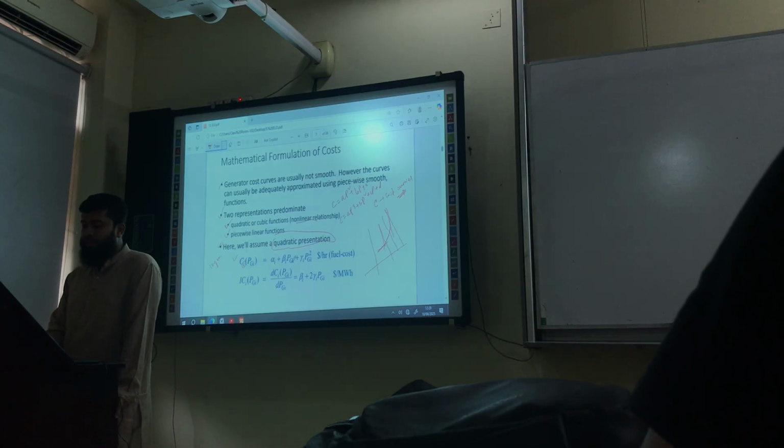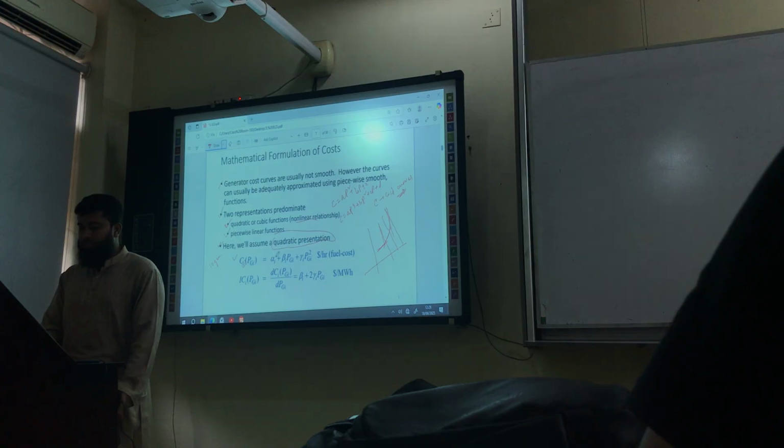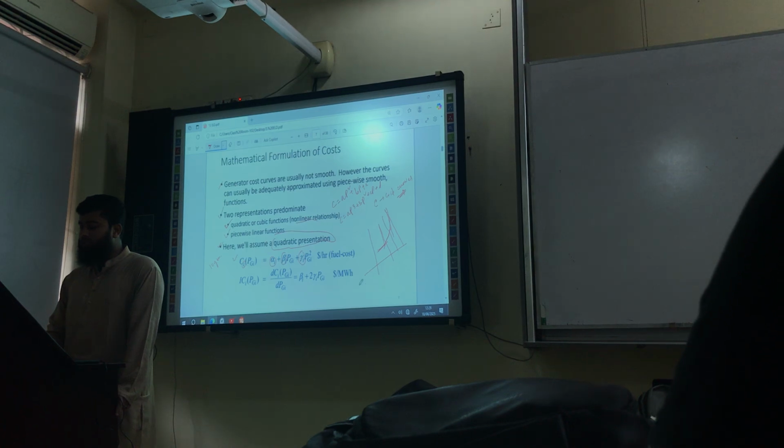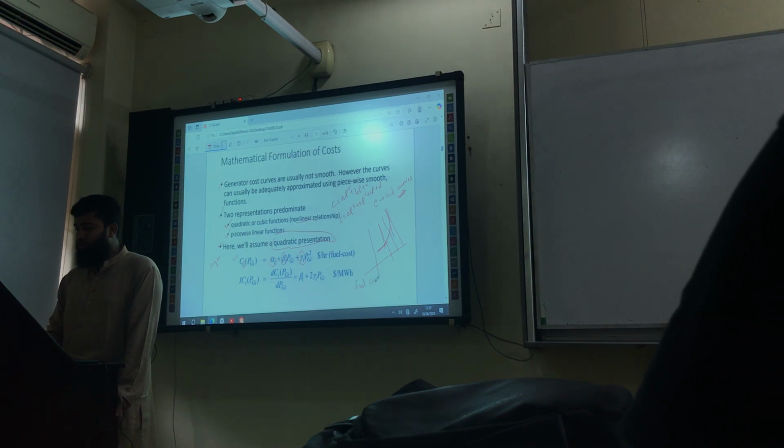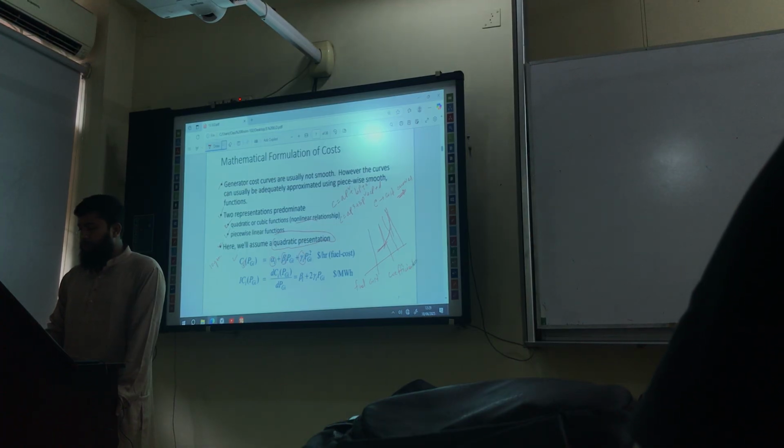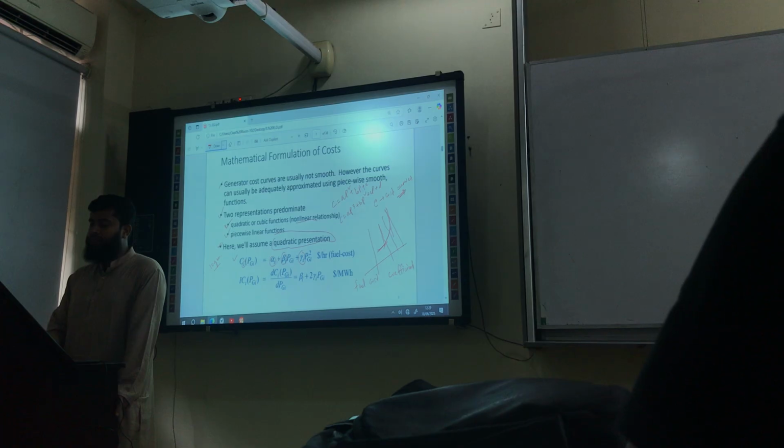It is alpha i plus beta i PGi plus gamma i PGi squared. These alpha, beta, and gamma are the fuel cost coefficients. Here also the index is i, which means that if there are 10 generators, then for each generator there will be a different alpha, beta, and gamma.